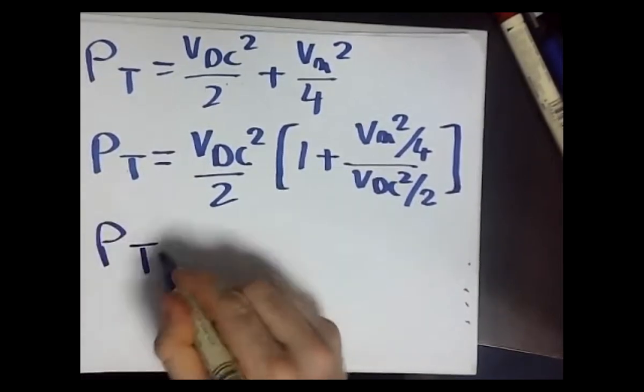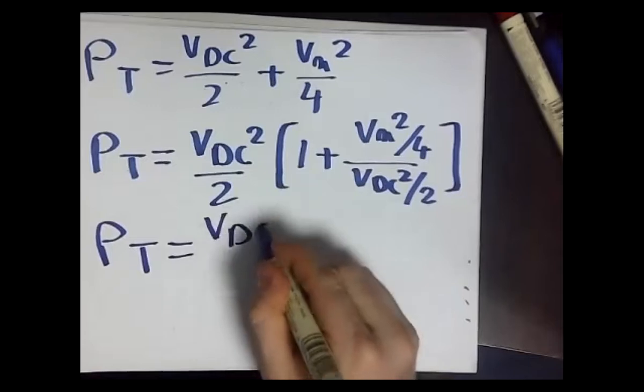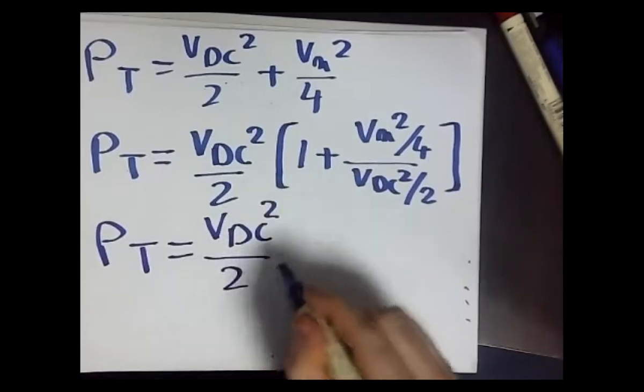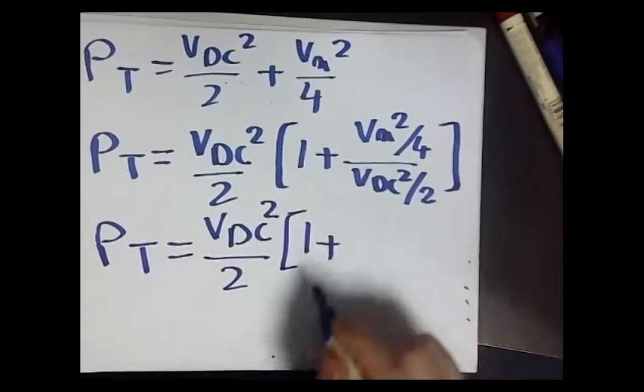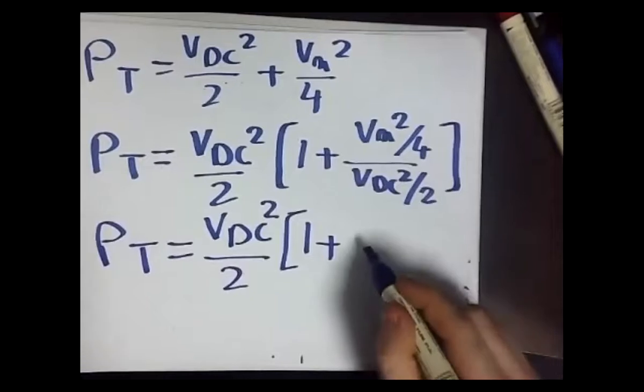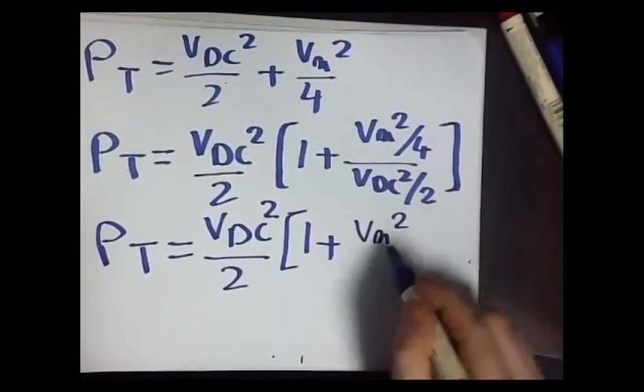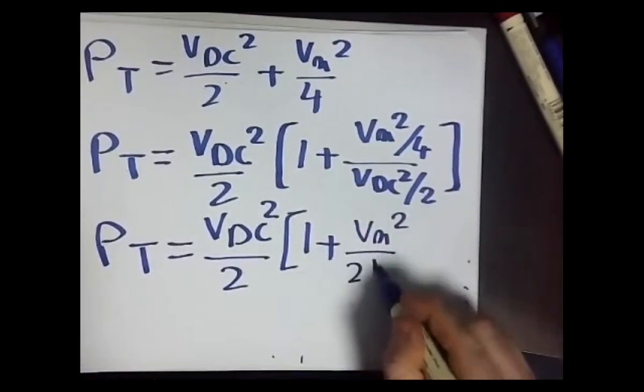So PT is equal to VDC squared over 2 times 1 plus VM squared over 2 VDC squared.